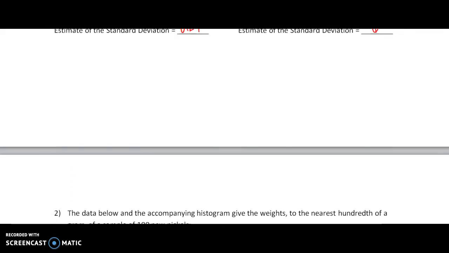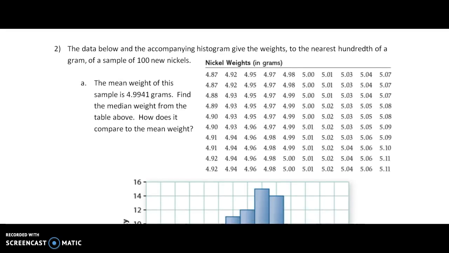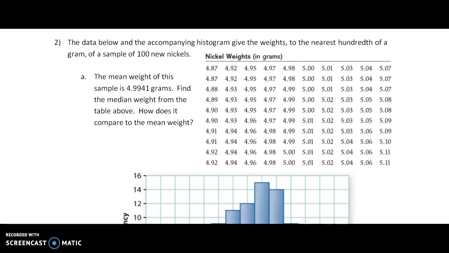So if we move on to the back side. The data below and the accompanying histogram give the weights to the nearest hundredth of a gram of a sample of 100 new nickels.